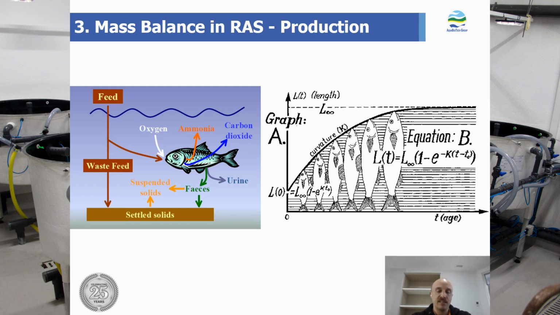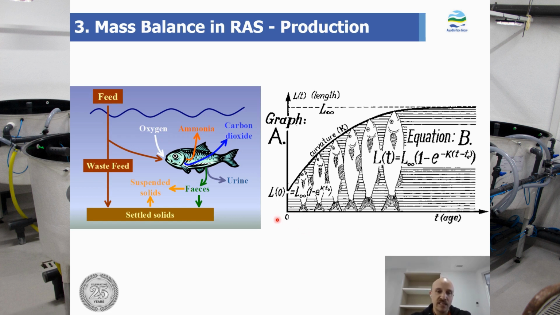However, and this is very important to understand the complexity of aquaculture, fish are not growing like plants indefinitely, but they actually have a particular growth curve. As you can see from this graph on the right, which is coming from an old illustration of a researcher called Von Bertalanffy, we can see the growth of an average fish.